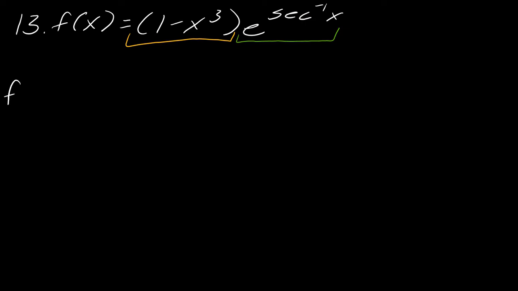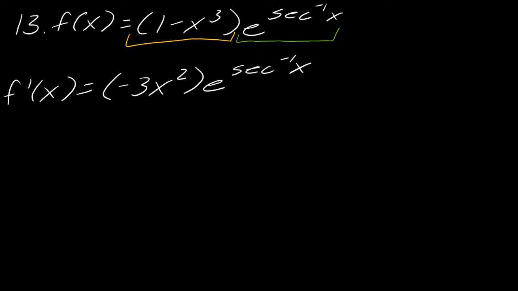Okay, so I'm going to have f prime of x. First I have to take the derivative of the first function, so that'll be negative 3x squared, and I leave the second function alone, so I can just rewrite this like that. Next I leave the first function alone, and now I have to work through the chain rule of this function here. The outermost function is the e function, and the innermost function is this inverse secant.